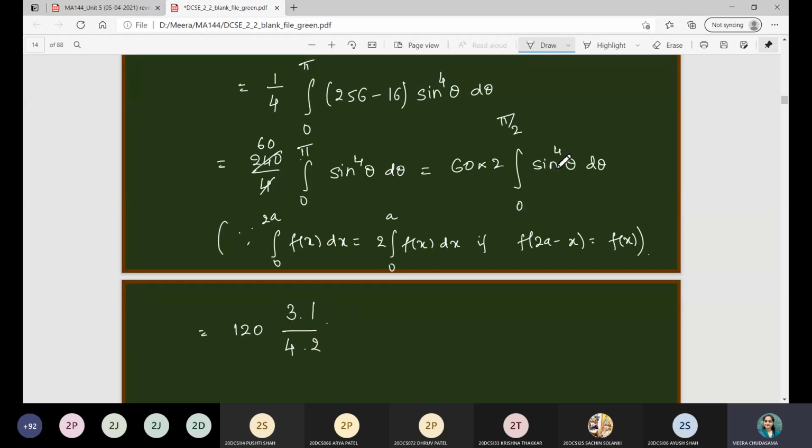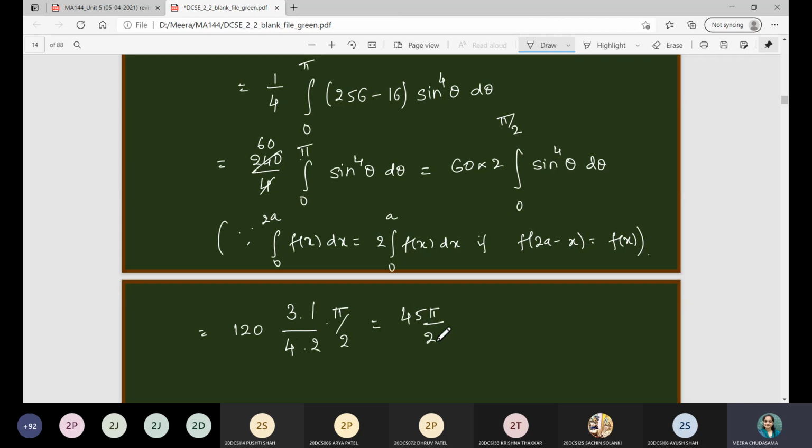K is pi by 2 over here because n is 4 and it is even. So now you can simplify this and you will get its answer as 45 pi by 2, right? In the beginning you will find it a little difficult to use the reduction formula, but as soon as you get habituated to it, this will become very easy to apply, right?